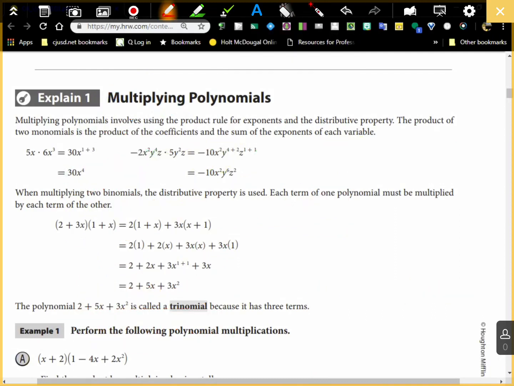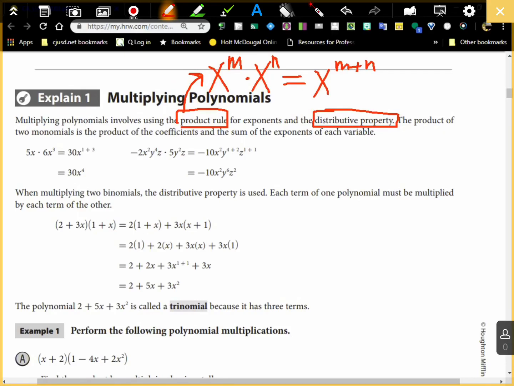The product rule, does anybody remember this product rule for exponents? If I had two bases multiplied together and they were the same base, then I could add their exponents. All right? And then we'll also be using the distributive property.